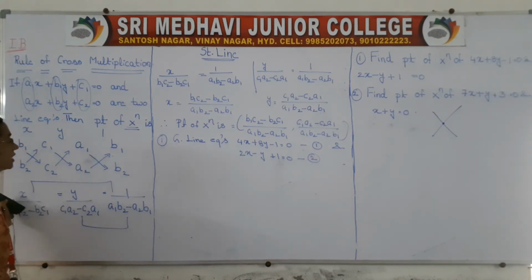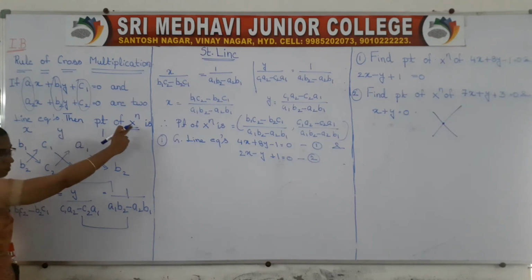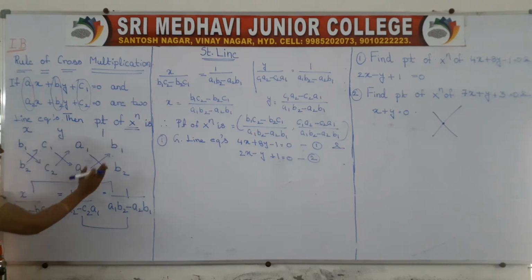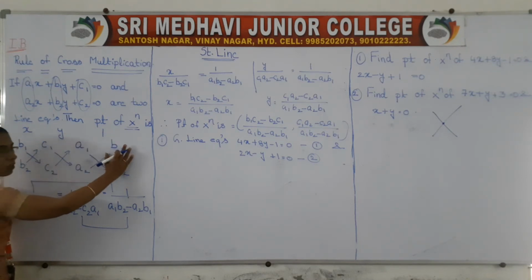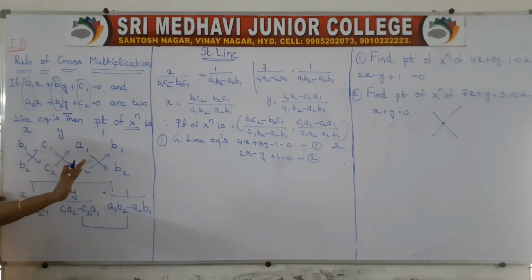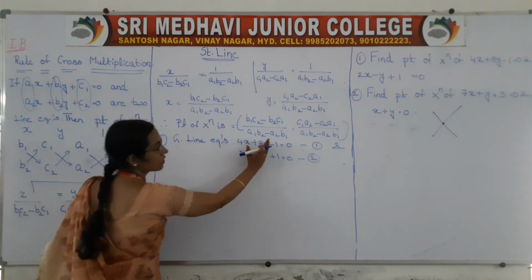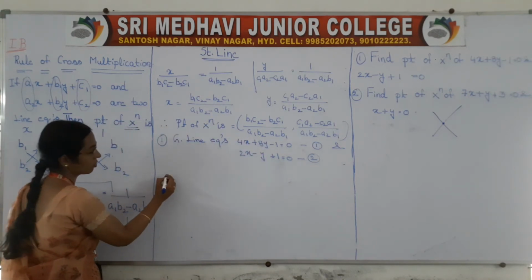What is the procedure I said? If we want to find the point of intersection, first y coefficients, constants, x coefficients, y coefficients. Always, girls, whenever we want to find the point of intersection of any two lines, this is the procedure. First y coefficients we have to write.